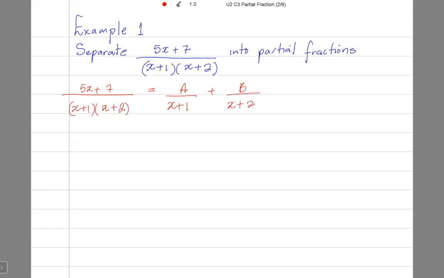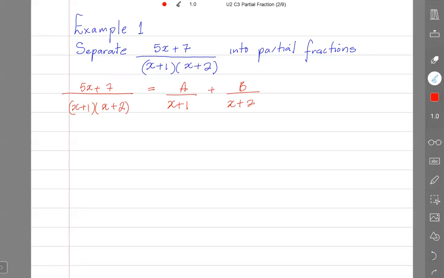All right. So a rational fraction of this form, when you separate it, looks something like that. The rational fraction to the left consists of unrepeated linear factors. And when you have unrepeated linear factors, this is how it's separated. And our objective is to determine what is A and what is B.